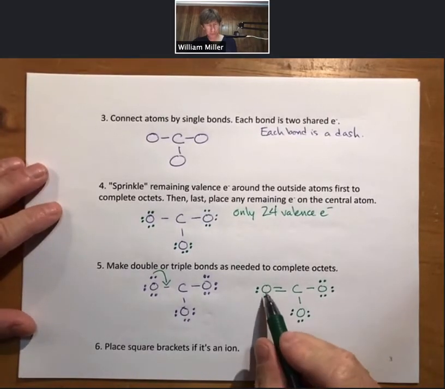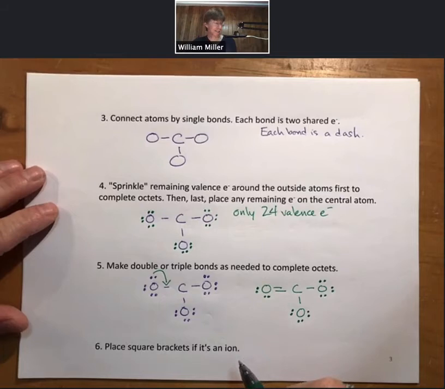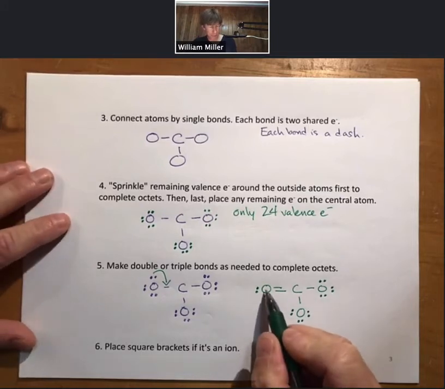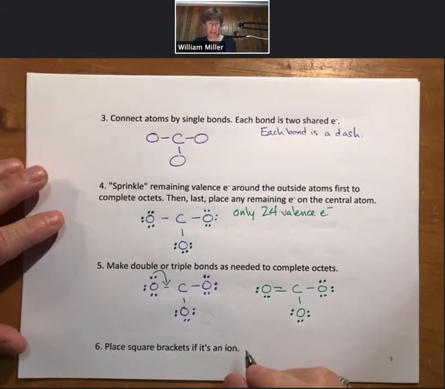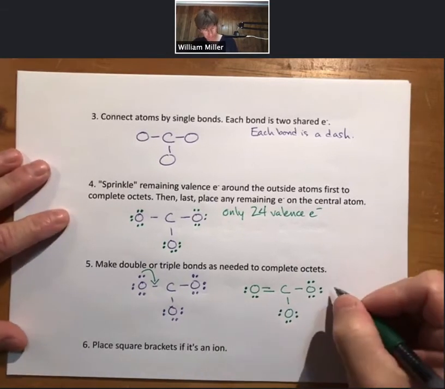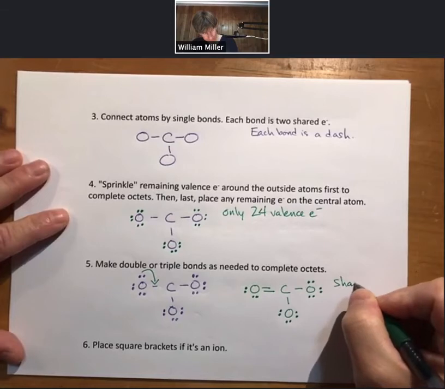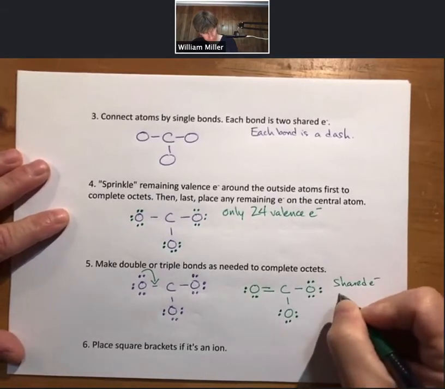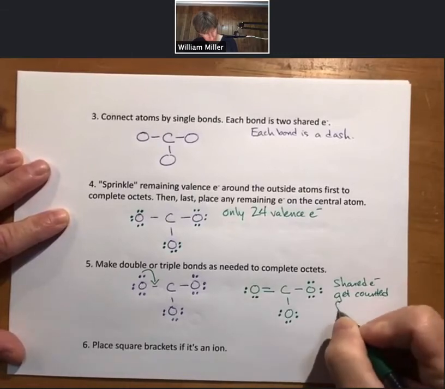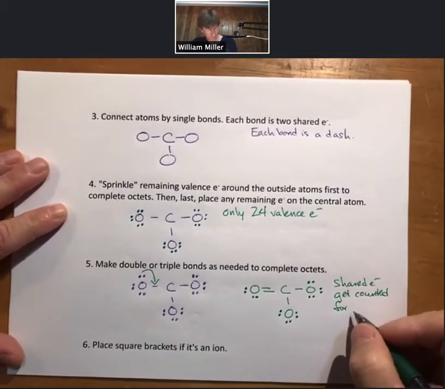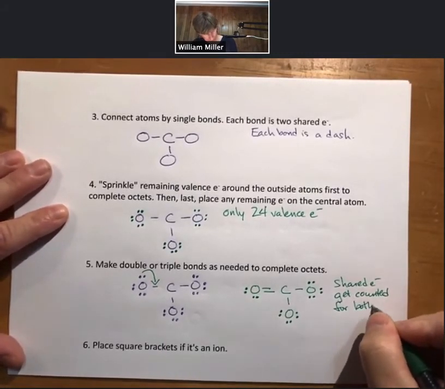And now what we're going to do is we're going to look for octets. Shared electrons get counted for both atoms.